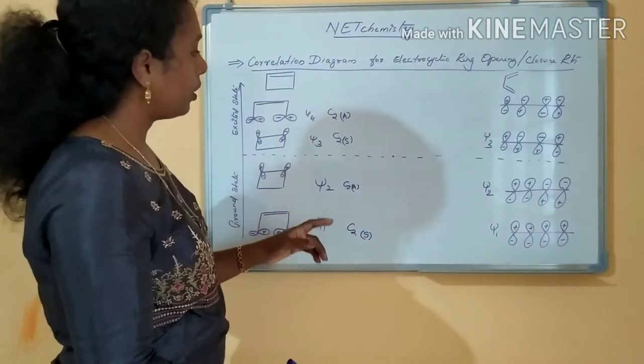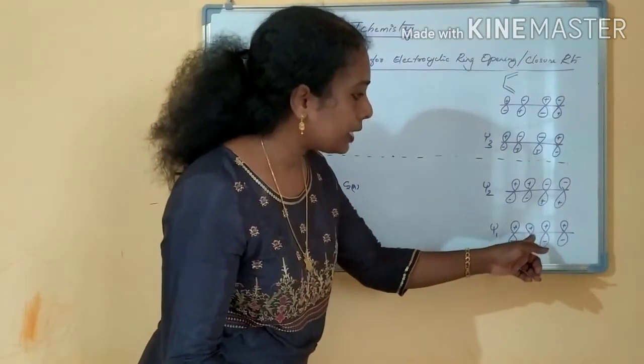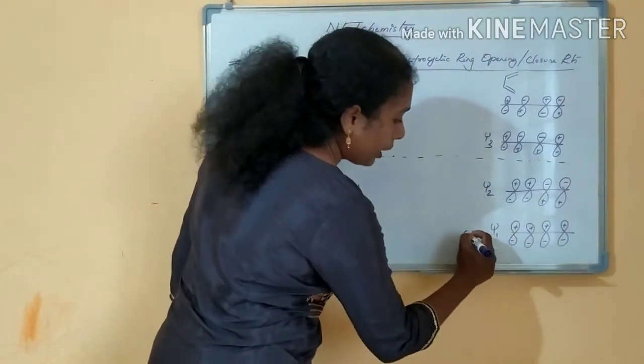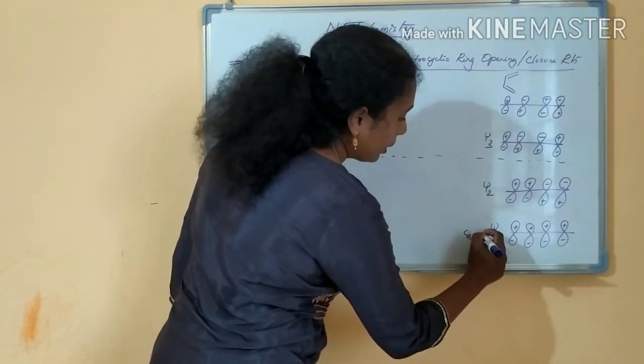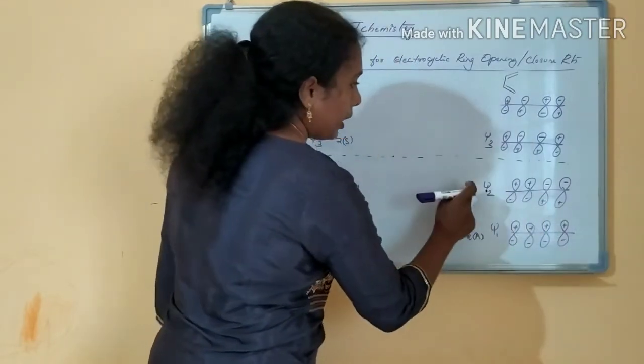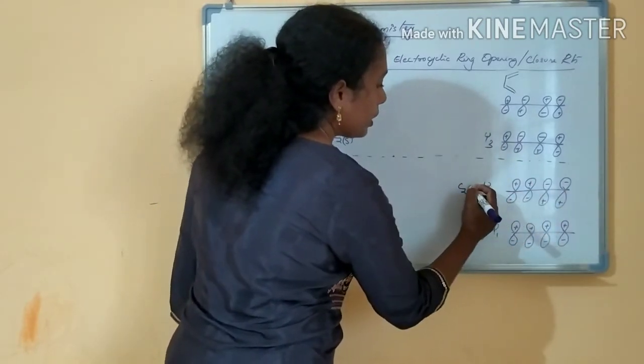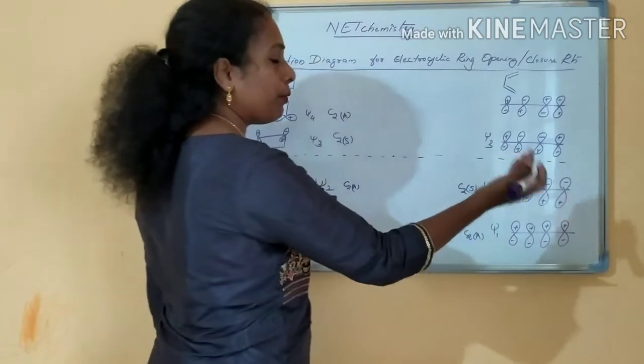Here it is rotating, and C2 is symmetric, these two lobes will come up when rotating.